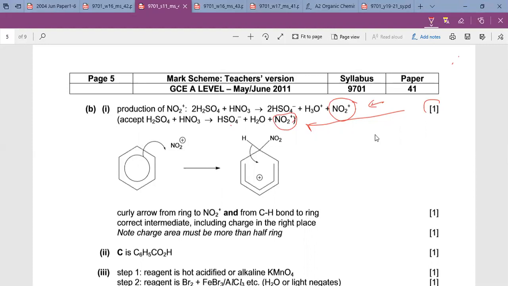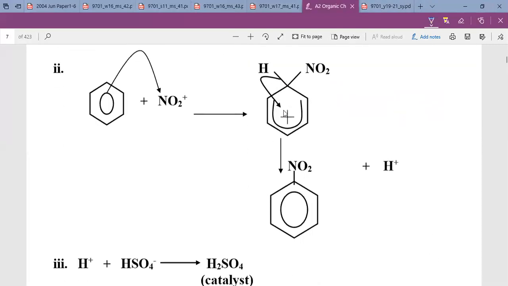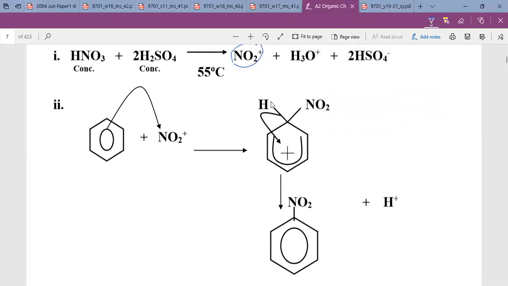Now, how does it go? Very simple. The mechanism here they give you. Same old thing, you know, the attack must be from where? From here, from here goes to here, to the intermediate. Remember? The H is originally here.